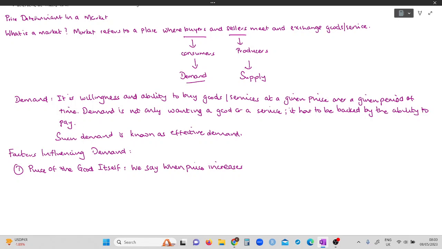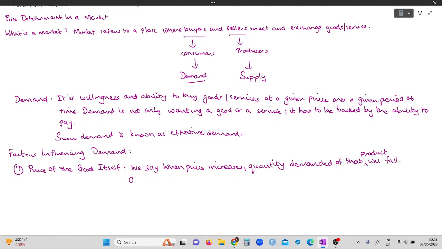Nous en tant que consumers, we demand less of that product, so that when price increases, quantity demanded of that product will fall. Quantity demanded of that product will fall because it is now more expensive.